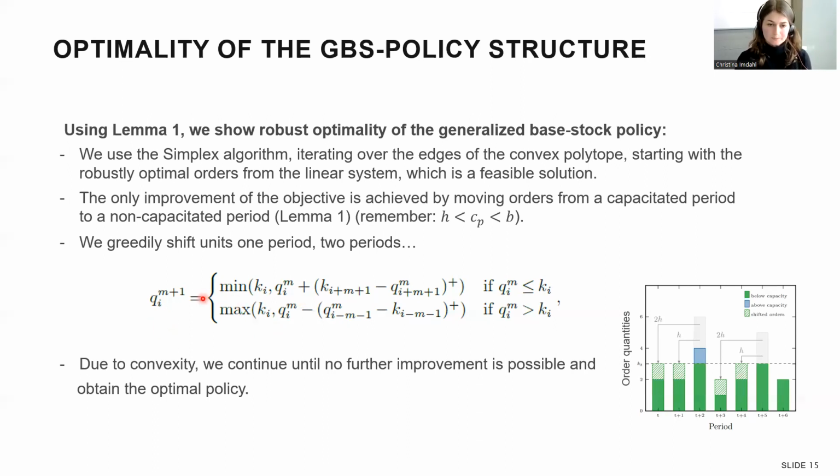And then our capacity is at the minimum K, because we never shift more away from this period than K, or the most that we can ship. And we first, as I said, shift 1 unit, 1 period, 2 periods, and so forth. And by doing that greedily, and due to the convexity of our problem, we can continue until no further improvement is possible and obtain like that the optimal policy.